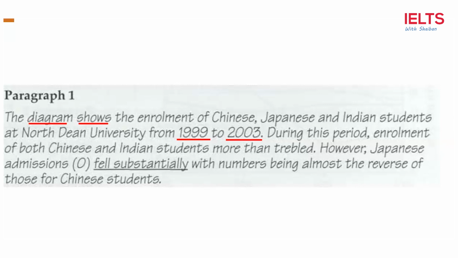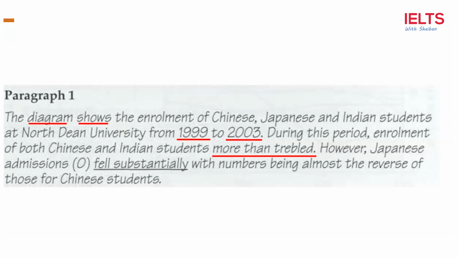During this period, enrollment of both Chinese and Indian students, he gave us the type of increase. He didn't just say increased, but he said numbers of Indian and Chinese students more than trebled. That means he's giving us the type of increase, which is a big increase, 3 times.